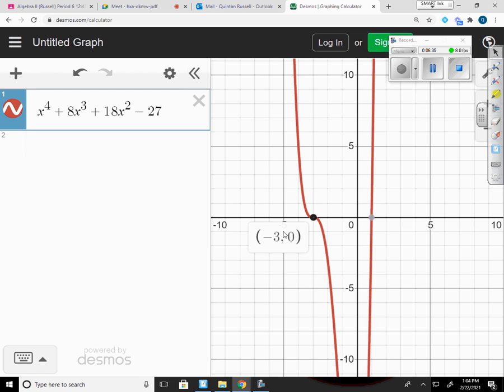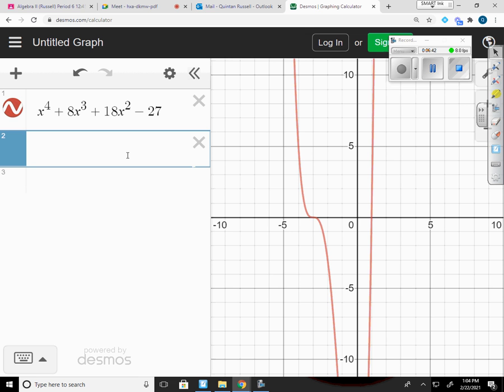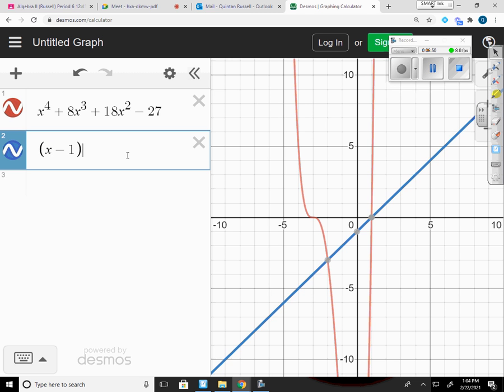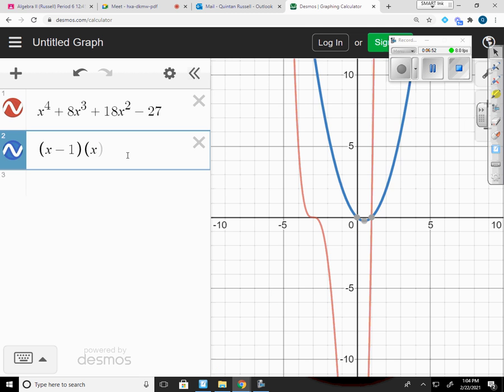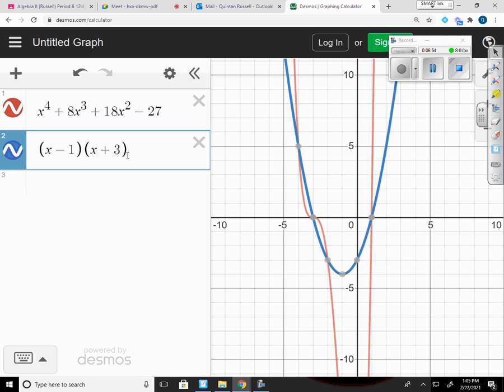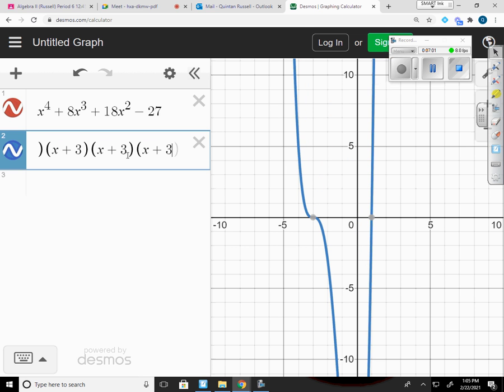You'll see that my root is at -3 and at 1. It's clearly a straight line coming through here. And now if I take those multiplicities that I found, and I just put those in, x minus 1 times x plus 3 times x plus 3 times x plus 3.